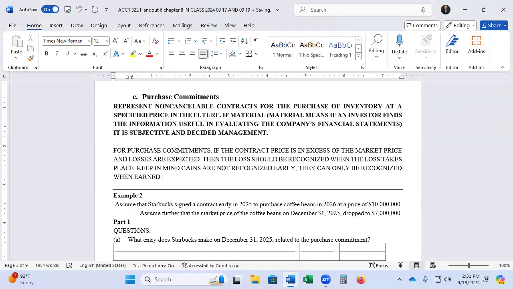So basically, if you signed a contract and you're going to take a loss on it, you've got to let your investors, the readers of your financial statements, know. And if there's going to be a gain, you've got to wait until that time takes place to record that gain.